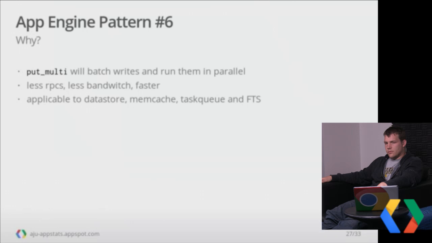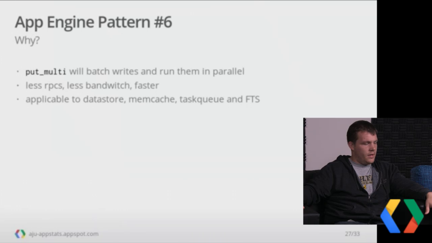You are still charged for all of your writes in the same way, so you're not seeing any reduction in those costs, but it's a lot more efficient. And you can use this technique not only with data store, but Memcache, task queue, full text search API. So it's still the same cost for your data store operations, but you no longer have the cost of a poor user experience.